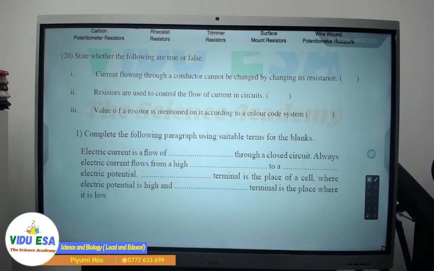Name three reasons why the magnetic power of permanent magnets is lost. Yes, what are the reasons for the losing of magnetic power, Hasindu?